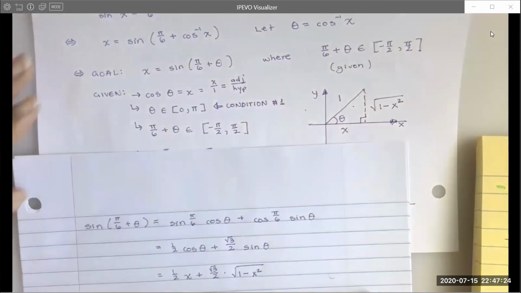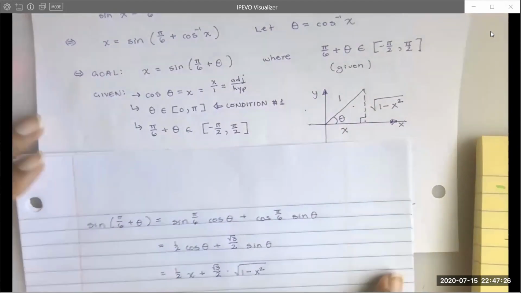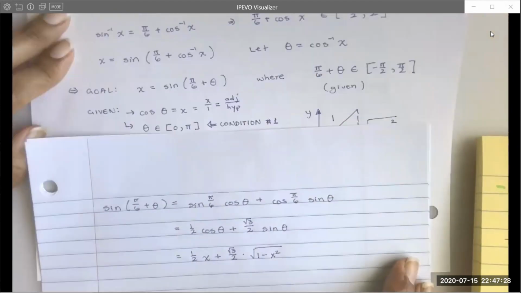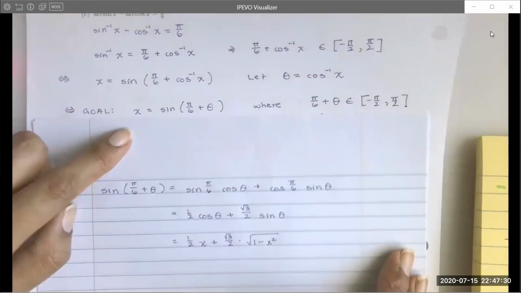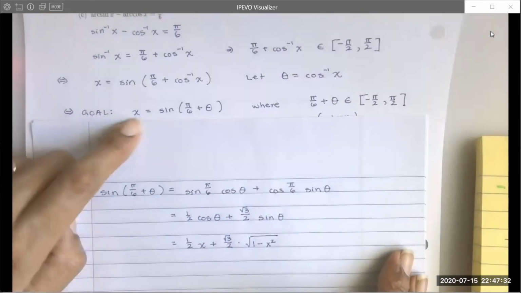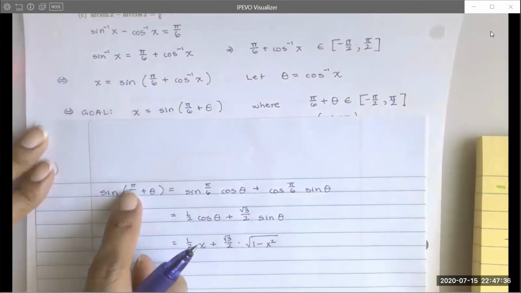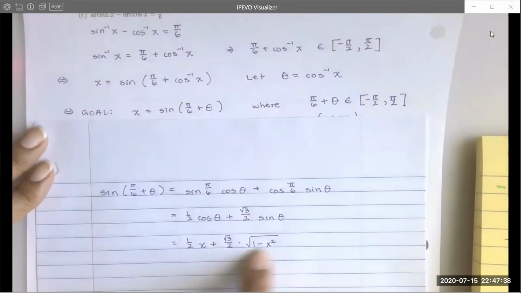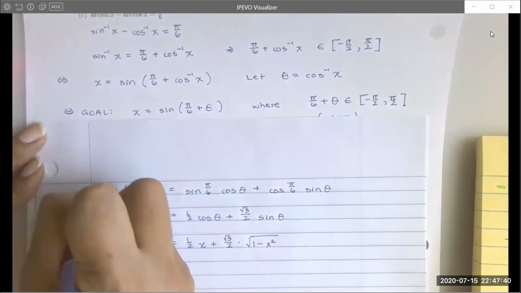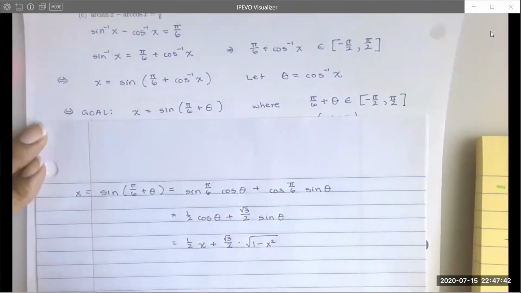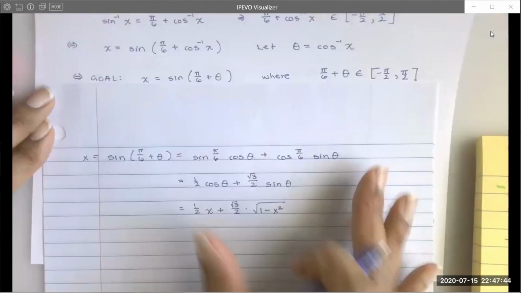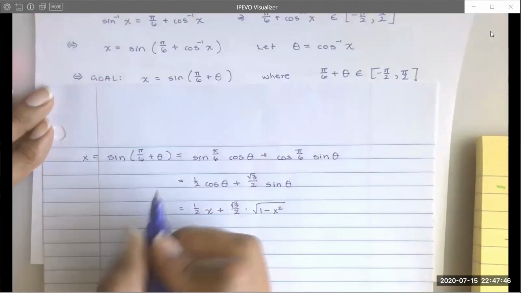Okay, so let's put it all together now. Originally, the goal was to find x equals sine of pi over 6 plus theta. Well, sine of pi over 6 plus theta ended up being this expression. So this whole time, that's supposed to be x. So putting these two together, we get one equation.